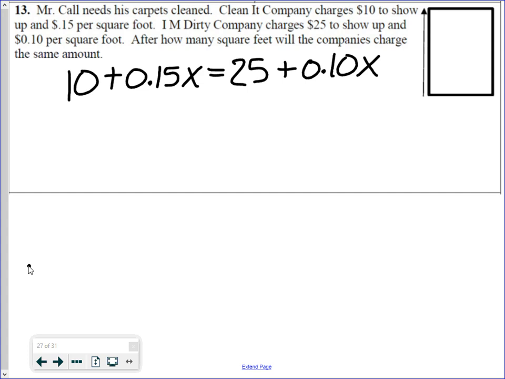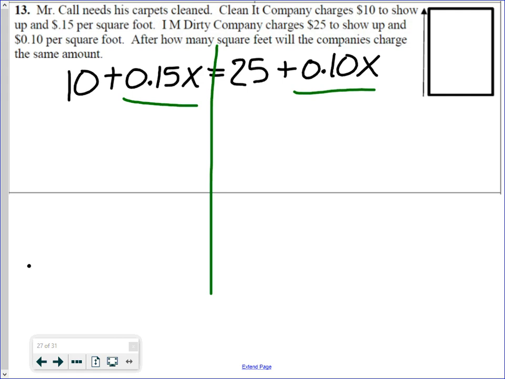Again, first step, move the x's or move the variables together, and we want to move the smaller one. We have a positive 0.15, and we have a positive 0.10, and we want to combine those by moving the smaller one, which is 0.1.